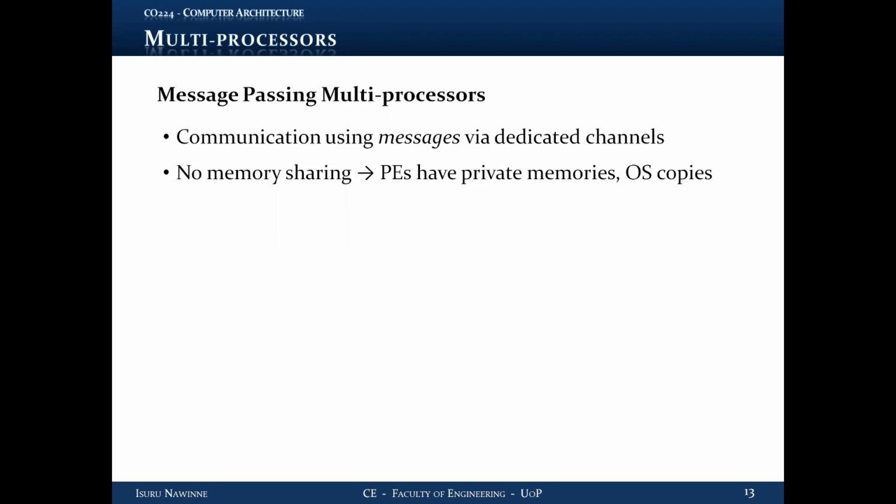Earlier, it was a very similar programming paradigm to uniprocessor systems, single processor systems, where the hardware and operating system facilitate running multiple programs and threads on multiple processors. Now, this is entirely different. The programmer himself or herself has to do the message passing using the available dedicated channels. The operating system is not going to look after this communication between processors.